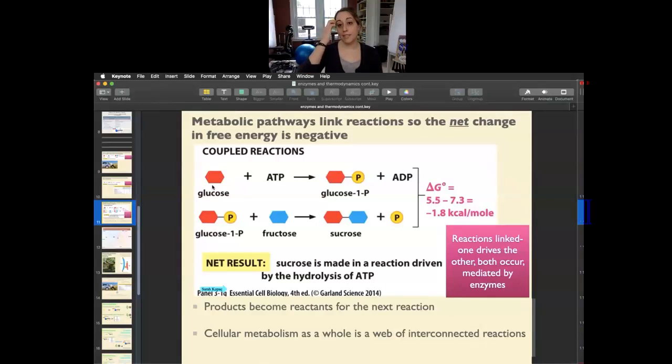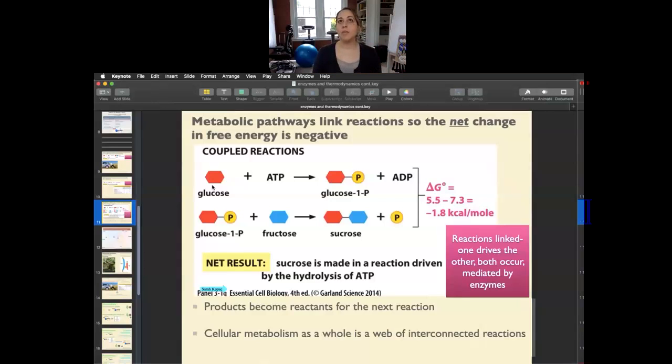So what happens in the cell is that unfavorable reactions are normally kind of broken up into a series of steps. And sometimes each step is favorable because of the way that it's broken down.